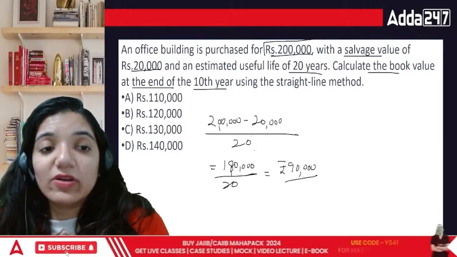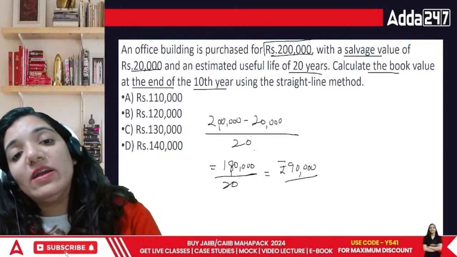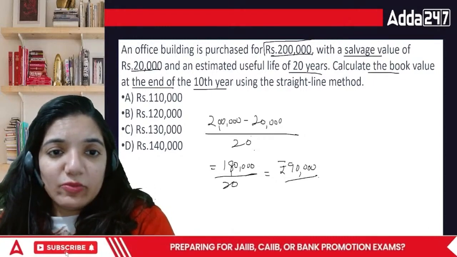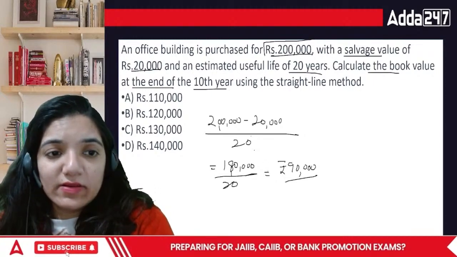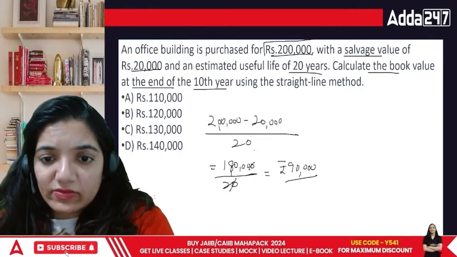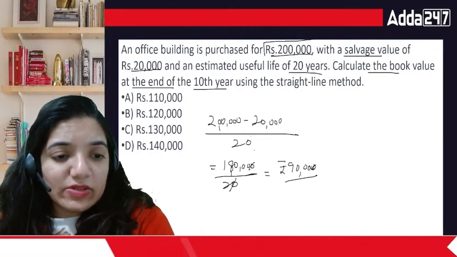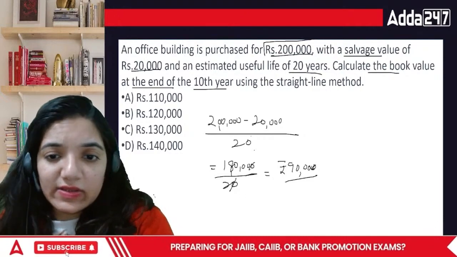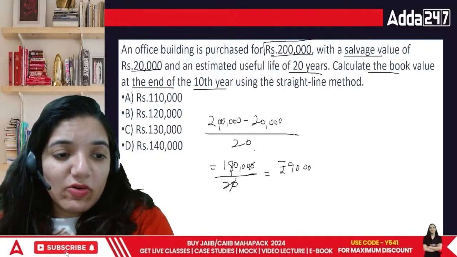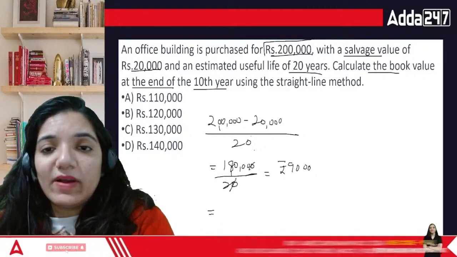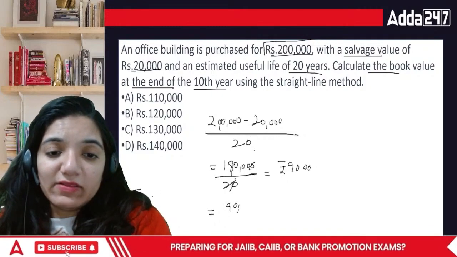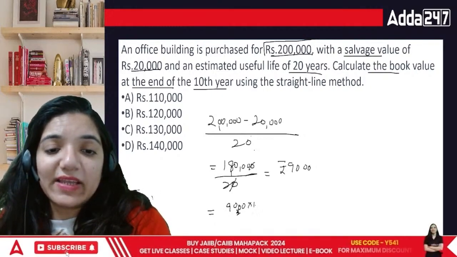And you are talking about the depreciation over a period of time. By the time we are hitting the 10th year, the depreciation is rupees 9,000 per year. And by the end of the 10th year, the depreciation till now would be 9,000 multiplied by 10.